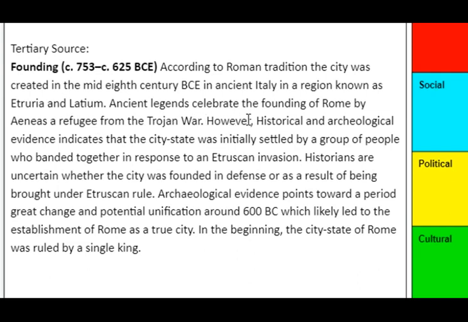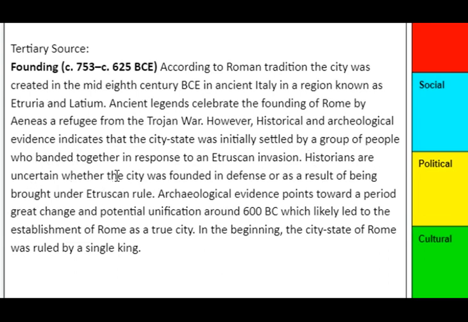However, historical and archaeological, meaning things that people left, like ruins, evidence indicates that the city-state was initially settled by a group of people who banded together in response to an Etruscan invasion. And by the way, if you ever don't know what a word means, dictionary.com, your new best friend.